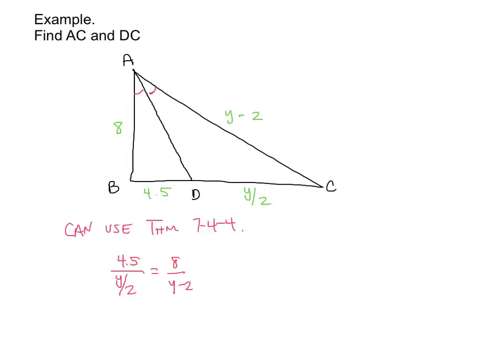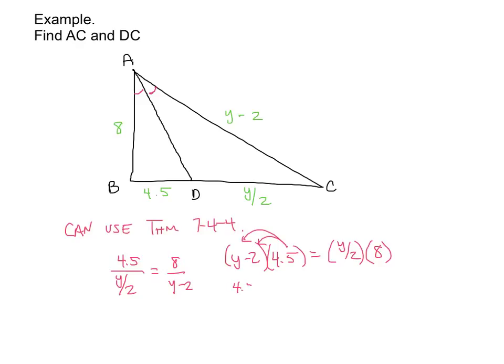Anyway, solving this, you might be scared right here. You might be scared to have a fraction and a fraction. Well, I'm not too concerned because I know I'm going to cross multiply. I know that I'm going to multiply y minus 2 times 4.5 is equal to y over 2 times 8. Be sure here to multiply all the way throughout.